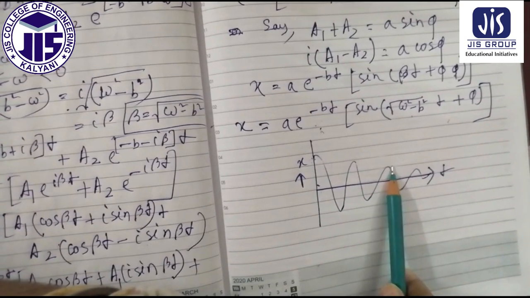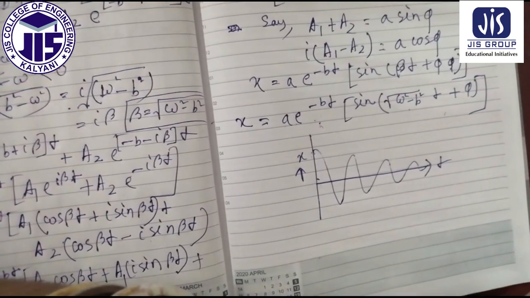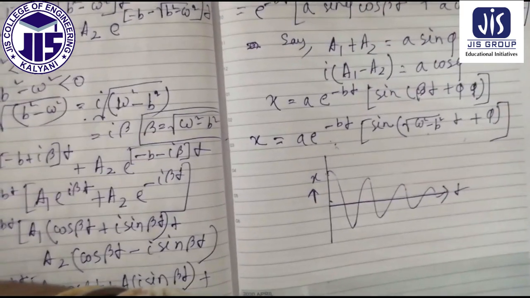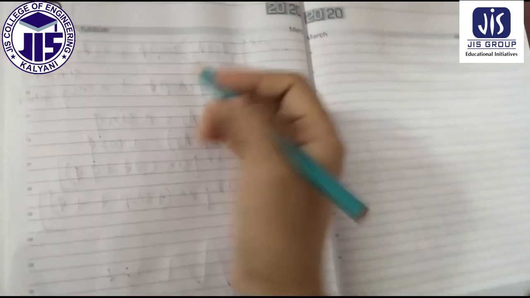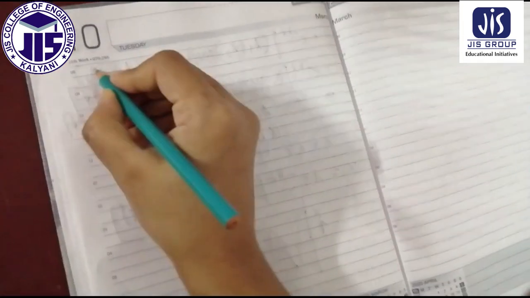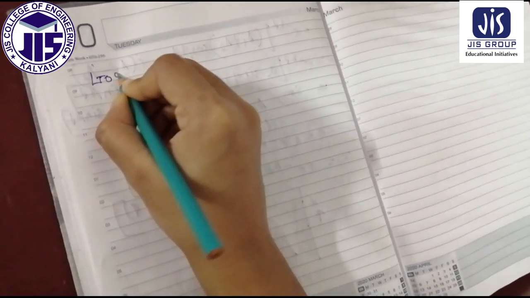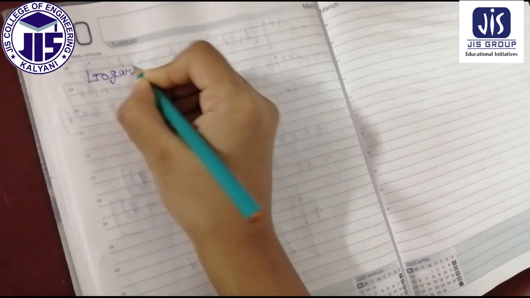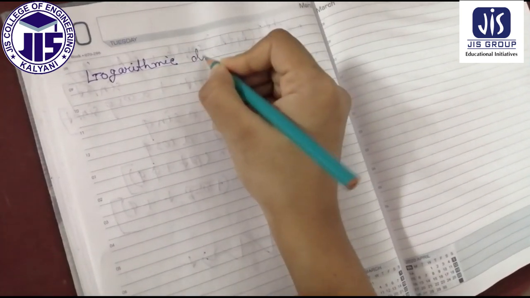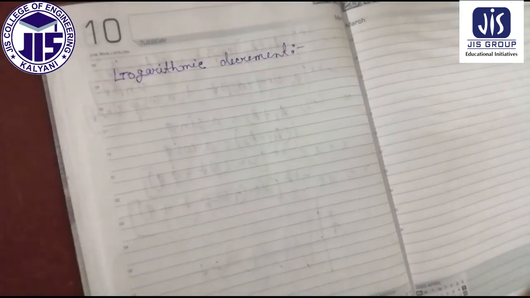Now from this equation we will derive some physical quantities like logarithmic decrement and all that. So let's start the discussion. First we'll start with a new term that is called logarithmic decrement. Logarithmic decrement, what is this?